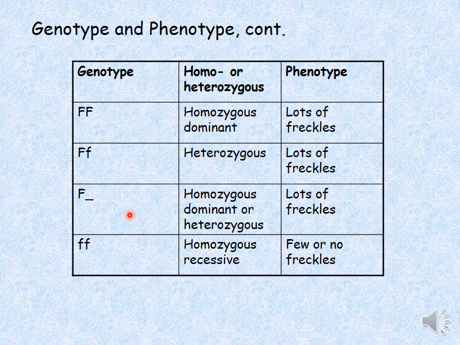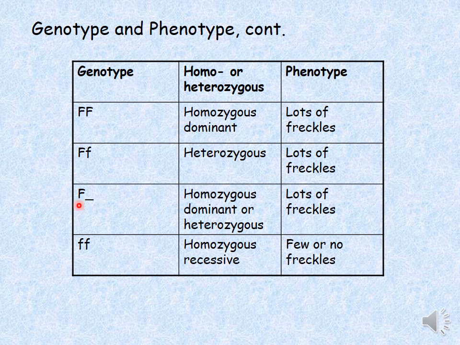This one might be a little confusing, but I'm not really sure where they're going with this here. We've already talked about homozygous dominant and heterozygous. I guess it's basically saying whatever this is, this one right here is going to be lots of freckles.